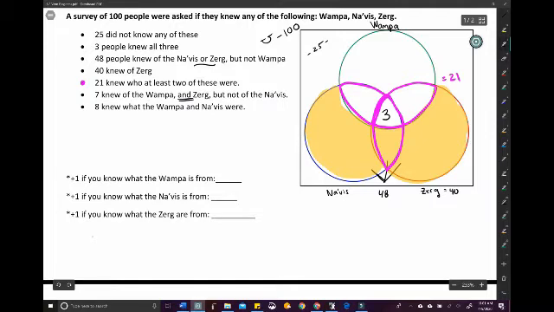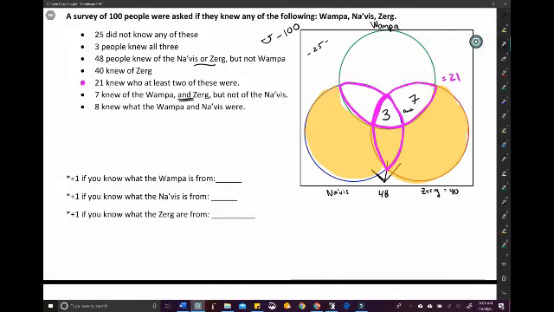So that's here, not the Navis, means this is 7. Wampa and Zerg. Remember, these pieces inside are and, not the Navis.